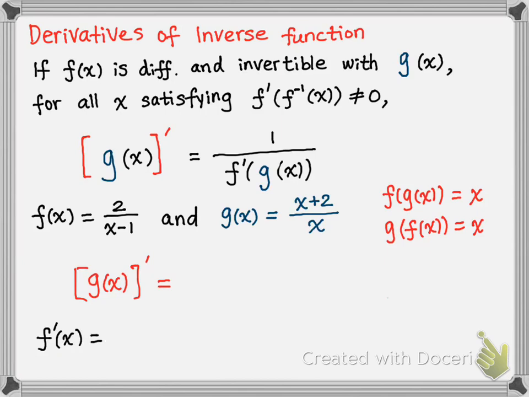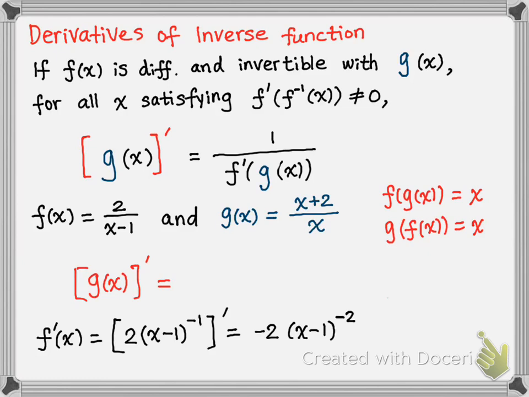You can rewrite f of x as 2 times x minus 1 to the negative 1 power. And then you take the derivative. Using the general power rule, you just take down the negative 1 power, so you get negative 2 times x minus 1 raised to the negative 2 power.